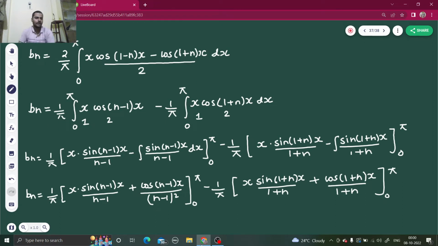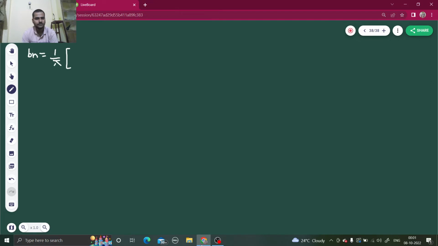Then cos(n minus 1)pi will be (minus 1) power (n minus 1) divided by (n minus 1) whole square. This was about the upper limit.